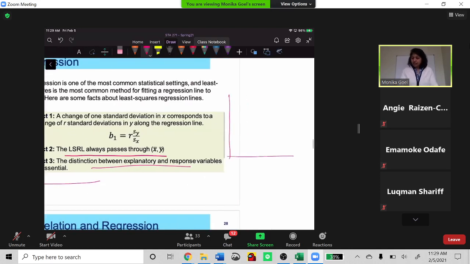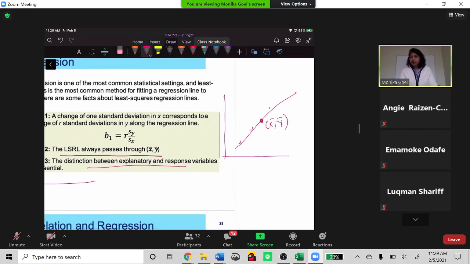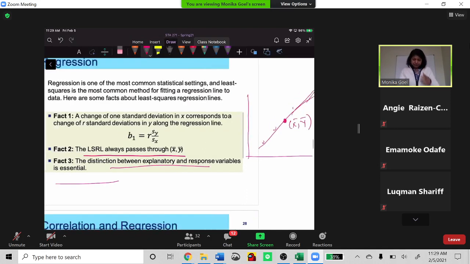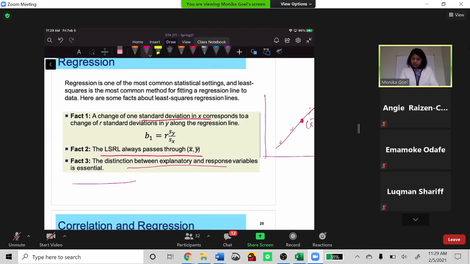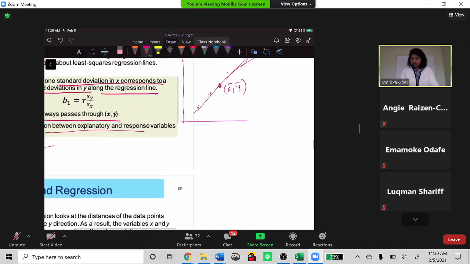If you have a least square regression line, your mean of x and y will be somewhere on your line. So your x bar, y bar should always be on the least square regression line. And a change of one standard deviation in x corresponds to a change of r standard deviations of y along the regression line. So let me explain this part.